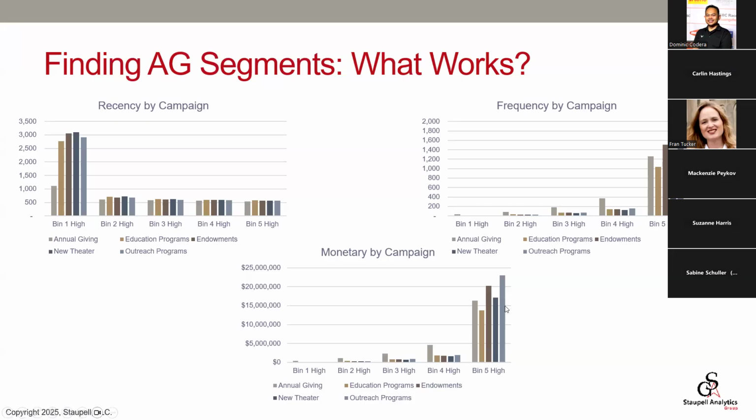Okay, and also they have the highest value prospects. Now, this is not only an excuse for everybody in all the other programs, the theater, the annual giving program, and the endowment, to be jealous and annoyed, right? But it also says that this program is not only worth investing in for more personalized attention, but also take some of the direct mail stuff out of this program and give it to the other ones that could use some more help, right?